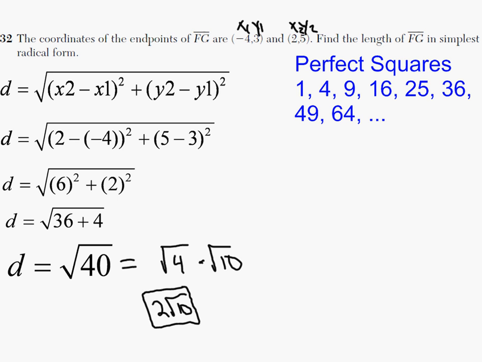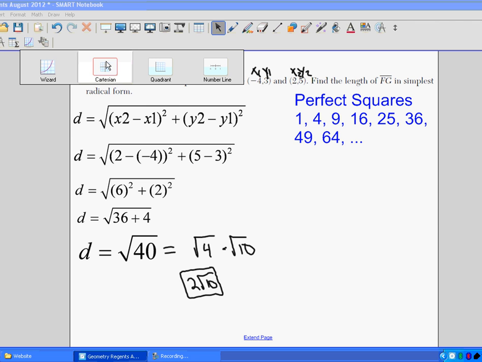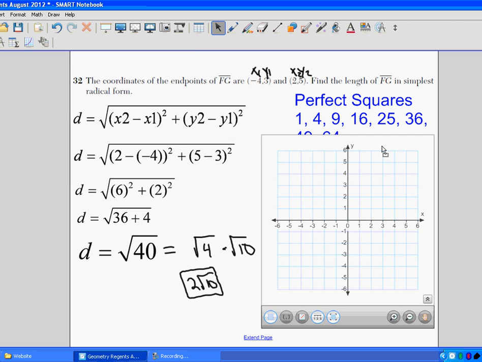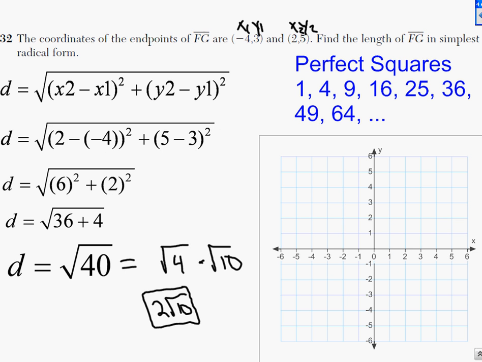Okay, now let me show you a different approach to finding the distance. One thing you can do is plot the coordinates in a Cartesian plane.